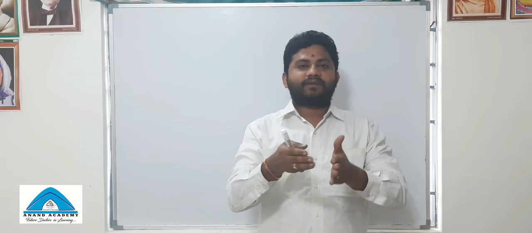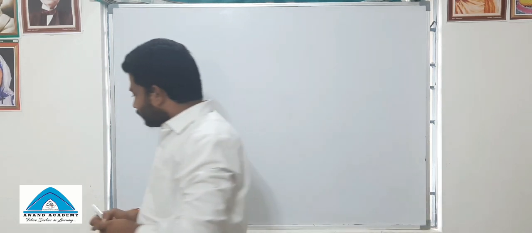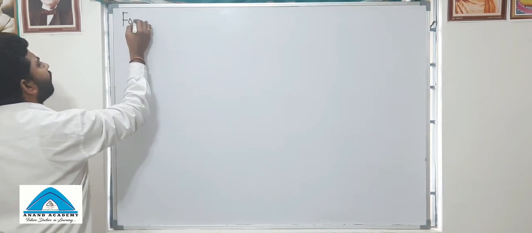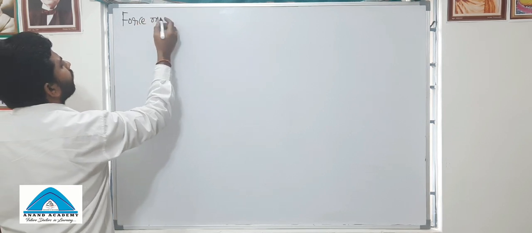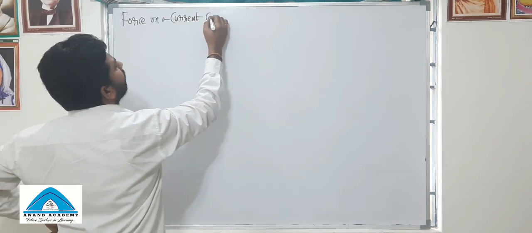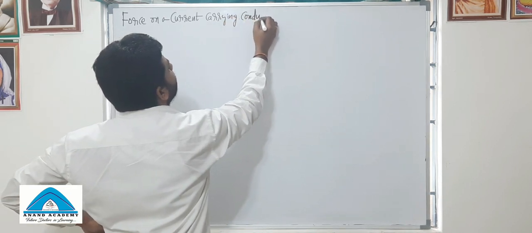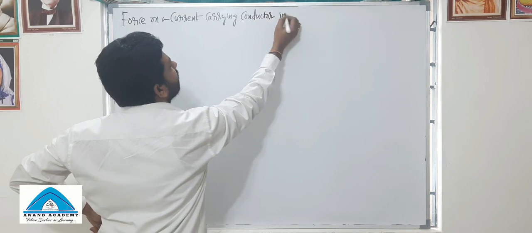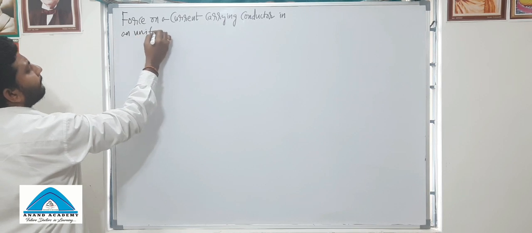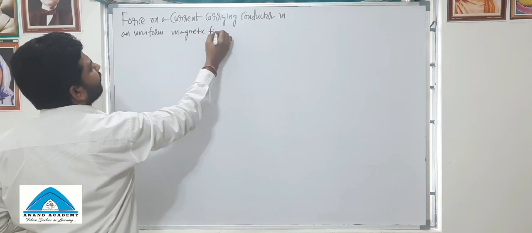Let us continue our chapter called Moving Charges and Magnetism. Now, the name of the topic is force on a current carrying conductor in a uniform magnetic field.